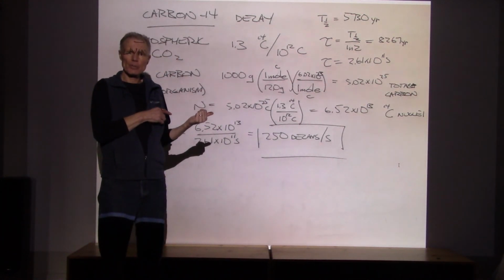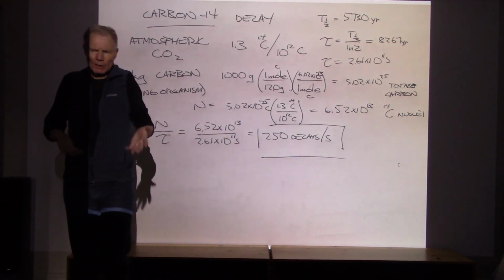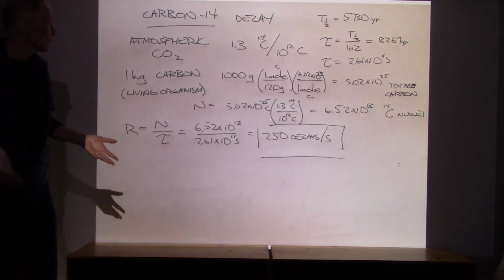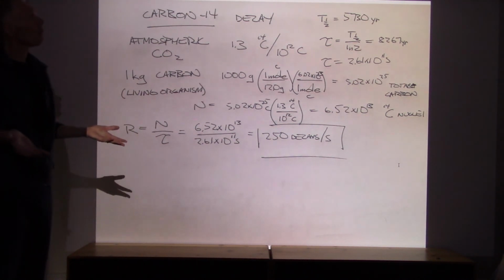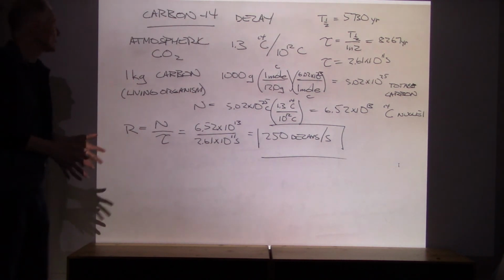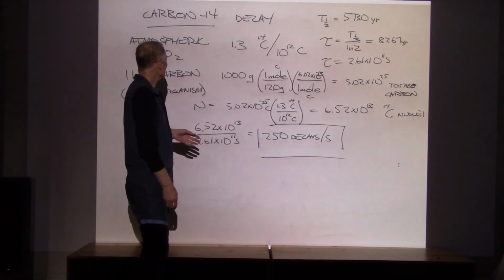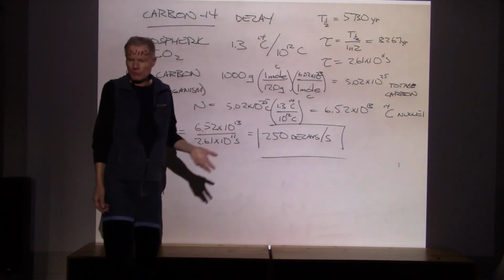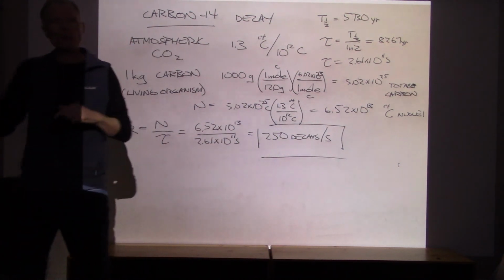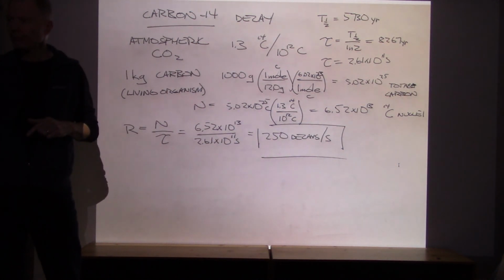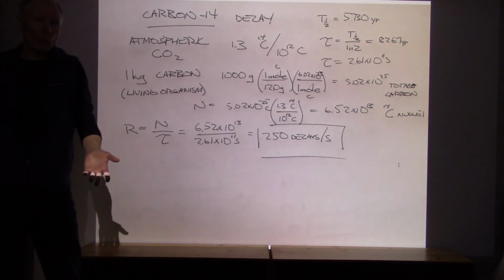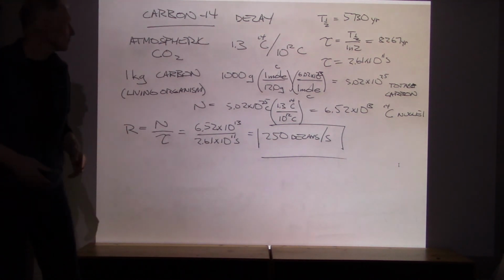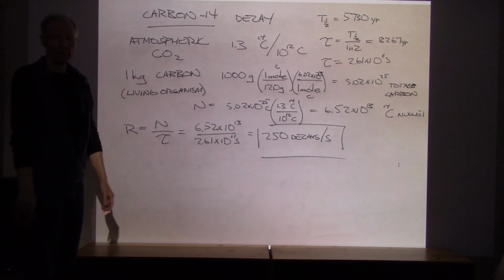250 decays per second. Now I'm guessing, you know, I'm like 70 kilograms or something, or more than that probably, 70, 75. And so I've got to be, you know, 70% water or something. But of the remaining 30%, a good portion of that is carbon, maybe half of it. So I've got to have several kilograms.